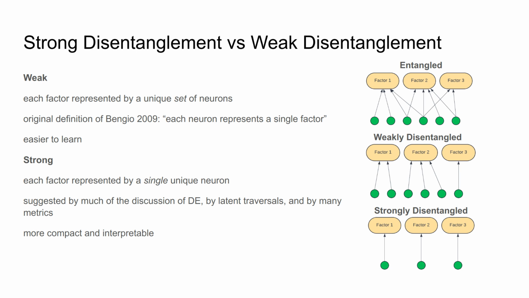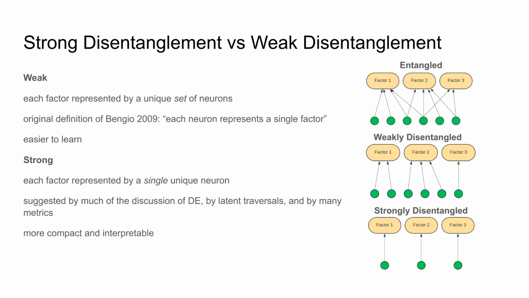There's also a difficulty in trying to find the set of neurons that represent a given factor, because if you're looking for sets of neurons, there are exponentially many subsets of all neurons, whereas in the strongly disentangled case, you're just looking for an individual neuron. It's much easier to find the neuron that represents a factor.